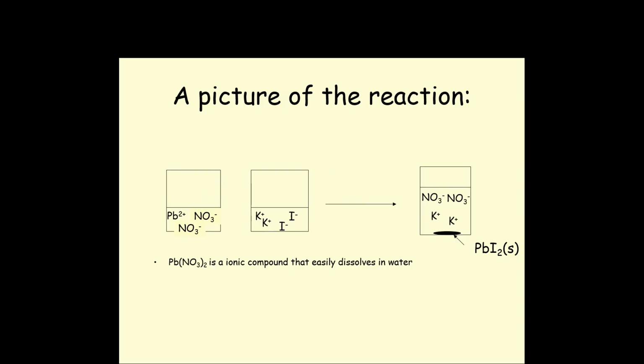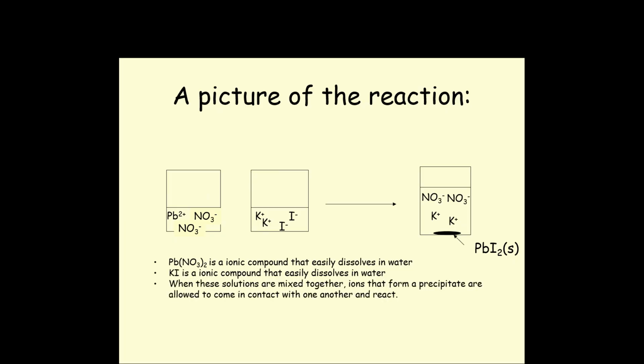In the beginning, lead nitrate is an ionic compound. All the ions are floating around independently. Secondly, the KI, potassium iodide, is also dissolving in water. But then when the ions come together, the leads and the iodides, when they come in contact with one another, they form a precipitate.